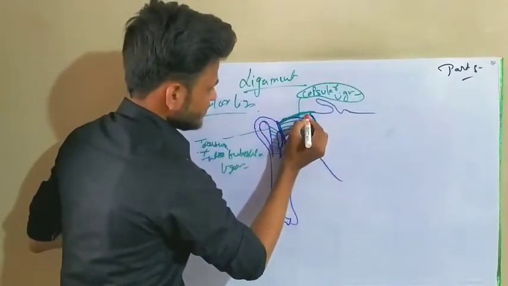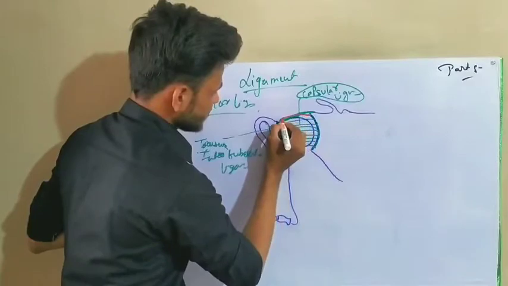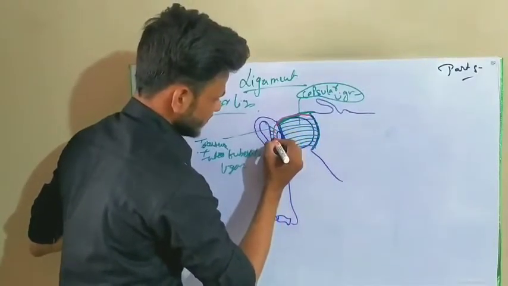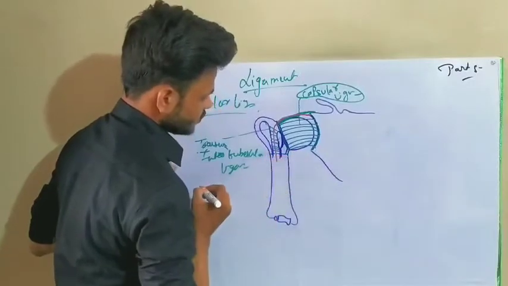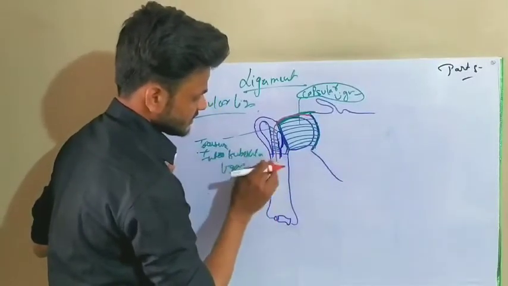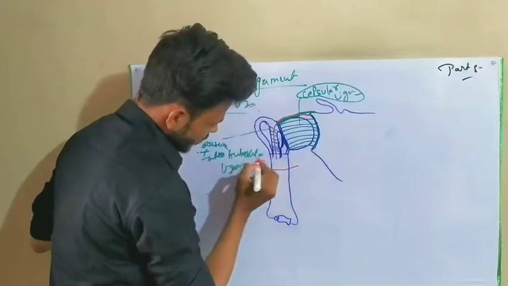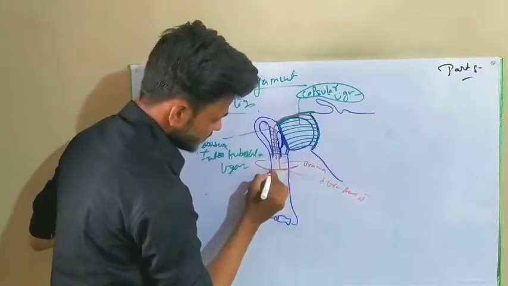One structure is the long head of the biceps brachii, which passes through the intertubercular sulcus. And there is an artery, called the anterior circumflex humeral artery.